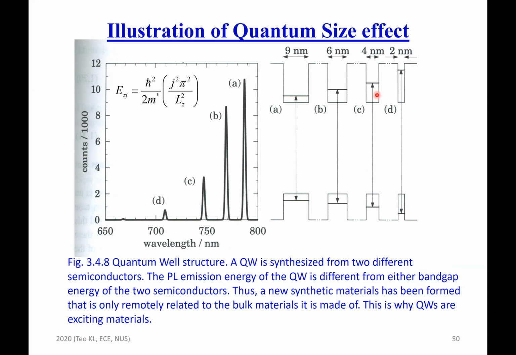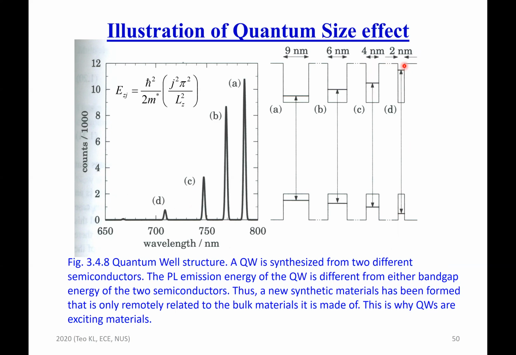So the whole transition energy will be higher. That corresponds to the emission for C, at the higher photon energy or shorter wavelength. As you reduce further, from 4 to 2 nanometer, your transition energy again will be higher. That corresponds to D.